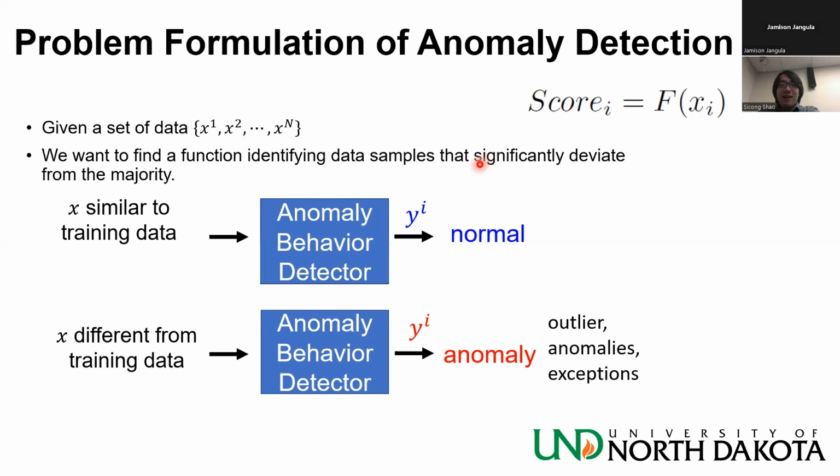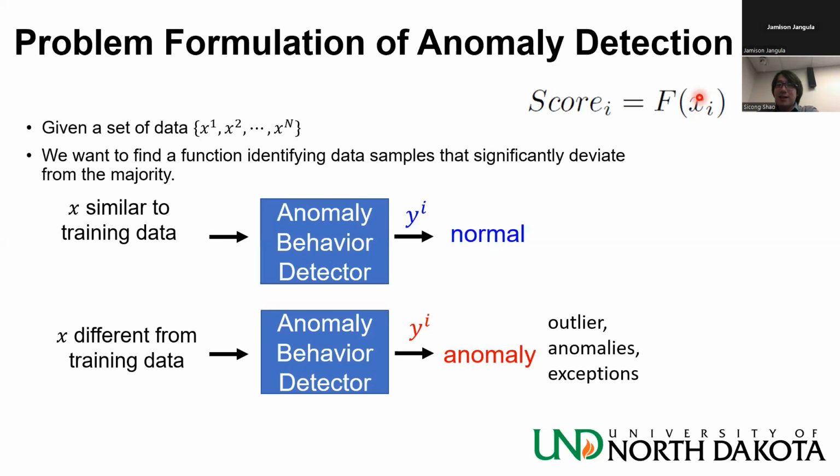F is the evaluation function that the anomaly detector uses to evaluate the anomaly score of a data instance xi, and then we give an anomaly score to this particular instance or observation.